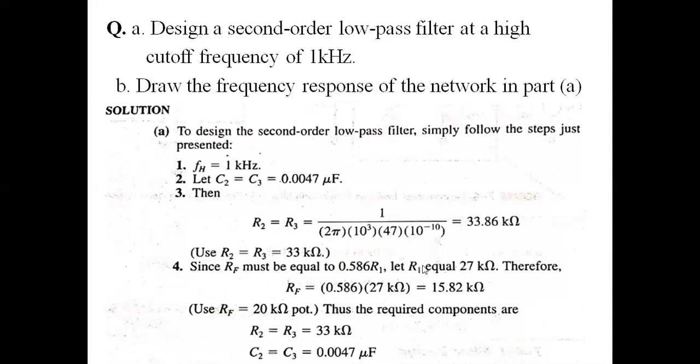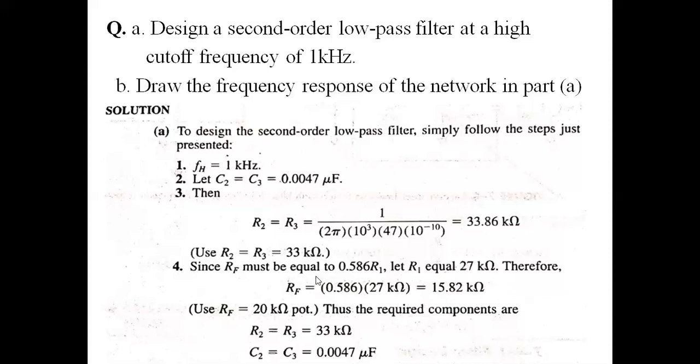Now let the value of R1 equal 27 kilo ohm. Therefore, the feedback resistance RF becomes 0.586 into 27 kilo ohm, which is equal to 15.82 kilo ohms.